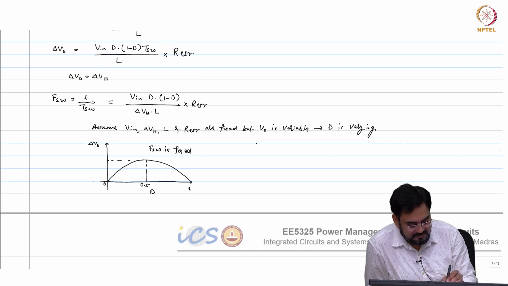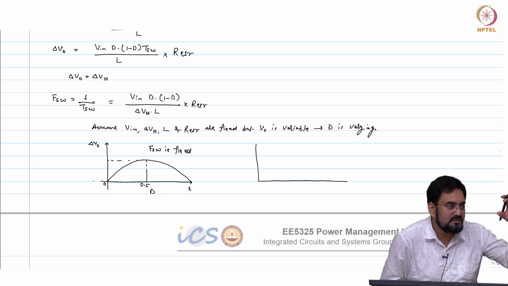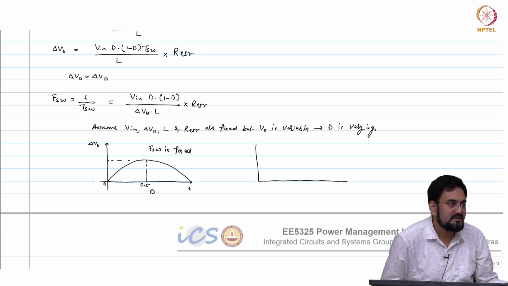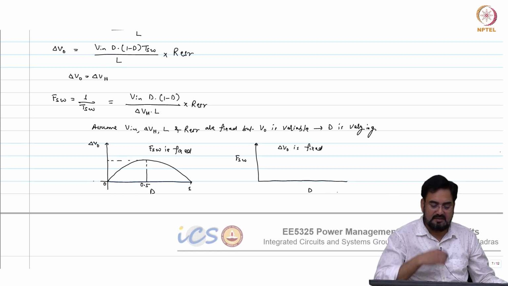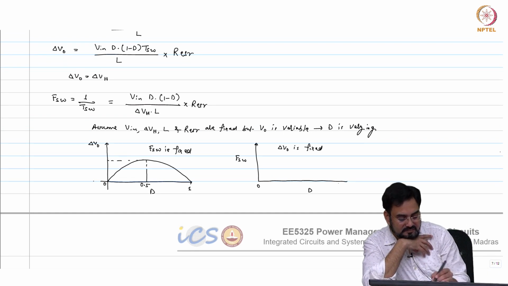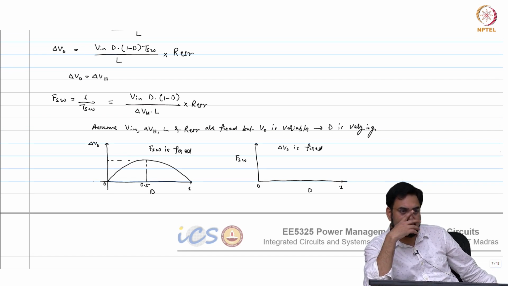Now if I fix delta V out, I am forcing delta V out to be delta VH. So if this is FSW, what would happen to the switching frequency? Can anybody tell? Increase or decrease? Same, correct? Parabolic only?